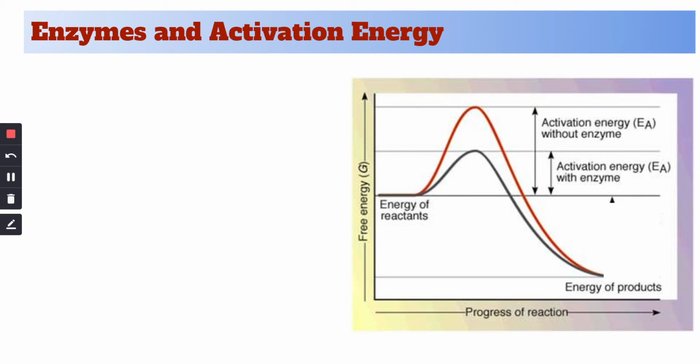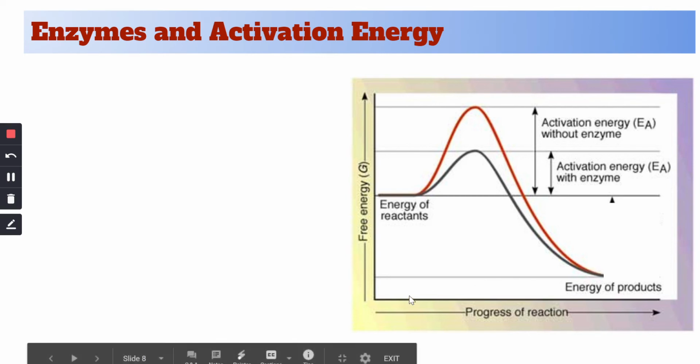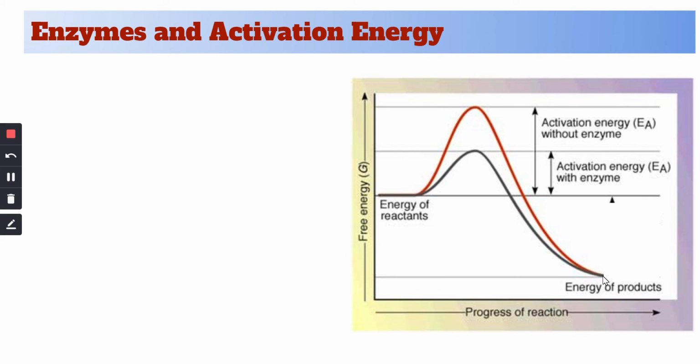As the reaction is about to begin, the energy of the reactants is very high, but they need even more energy to start the reaction and break bonds or make bonds so that they can form products. This is like climbing a hill of energy demand for the reactants.